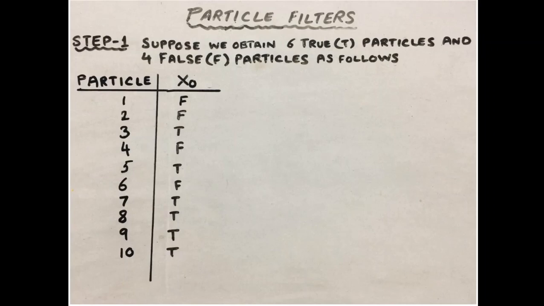So it's like flipping a coin 10 times. Suppose, like in this example, you get 6 true samples and 4 false samples, which means that out of 10 samples, 6 of them are true and the other 4 are false.